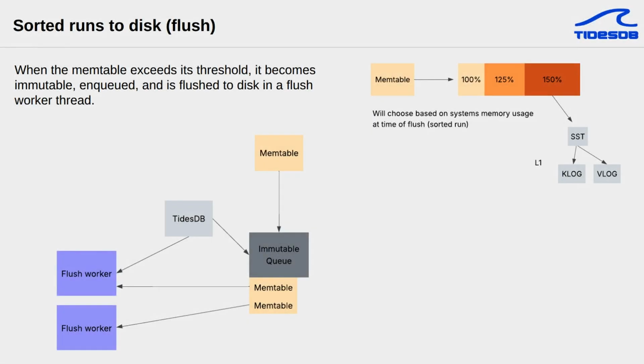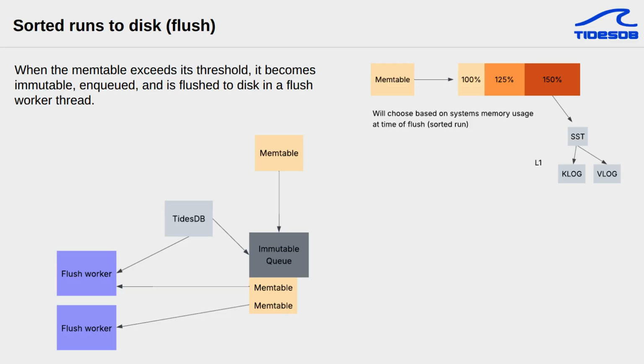So the sorted run to disk, the flush, as I mentioned: when the mem table exceeds its configured write buffer threshold, which by default is 64 megabytes, it's enqueued for flush, and the threshold adjusts. If the system is going through a lot of load at the time, it's just going to respect its 100% threshold, which is 64 megabytes.